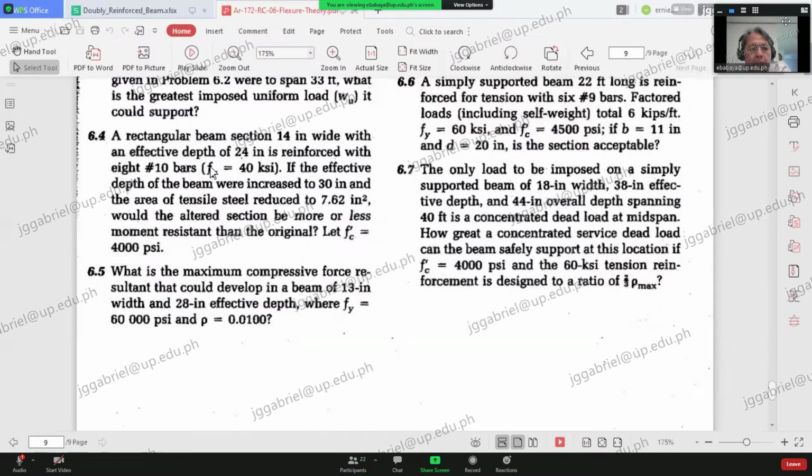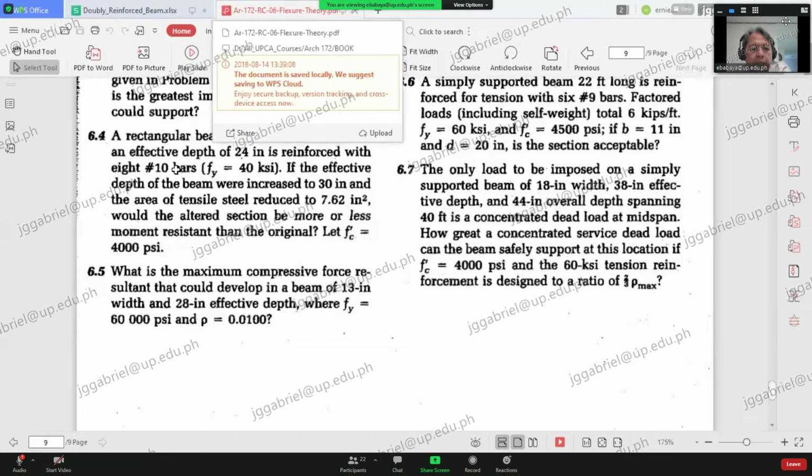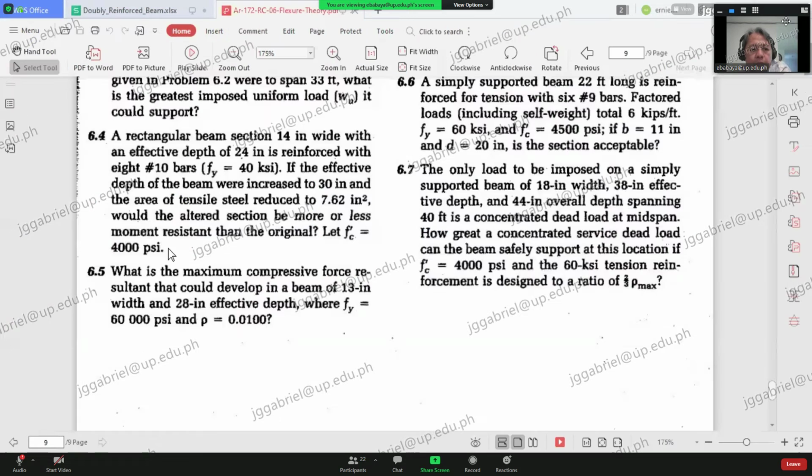Number 10 bars, if you check that in the table, your area of steel would be 10.16. And then Fy is 40 KSI, F prime C is 4,000 PSI.